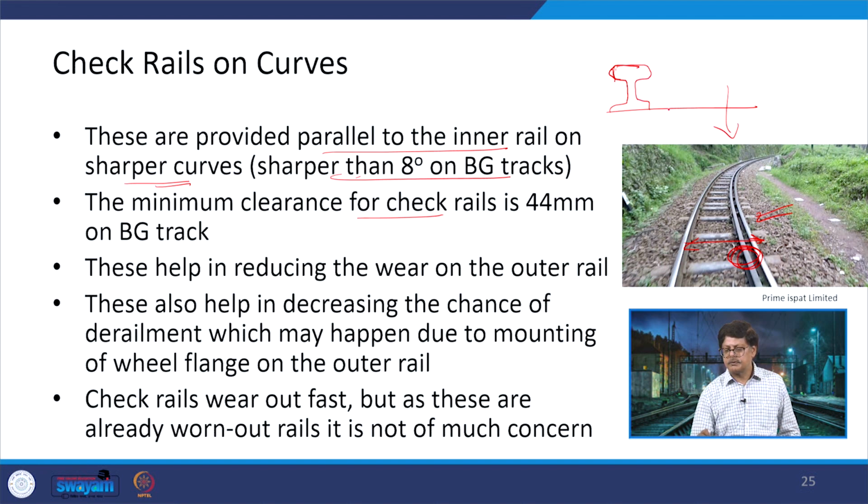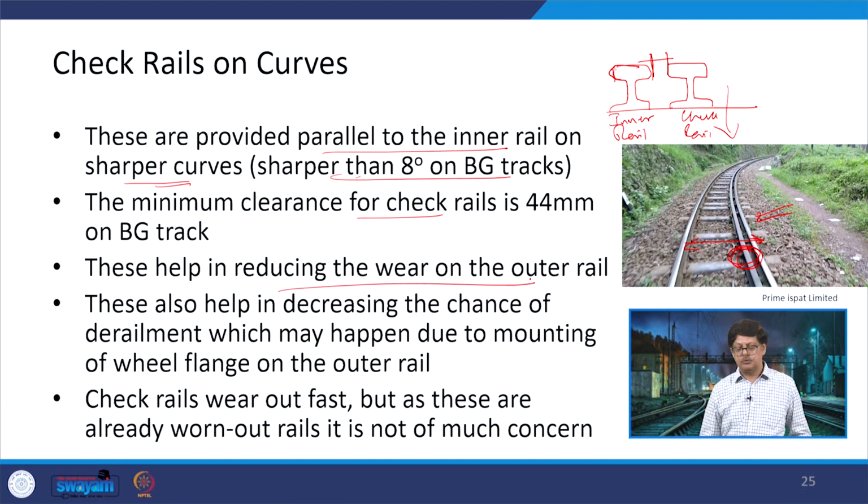So, this is one rail, and this is another rail. So, this is the inner rail and this one is the check rail. Here we are talking about the minimum clearance between the two.